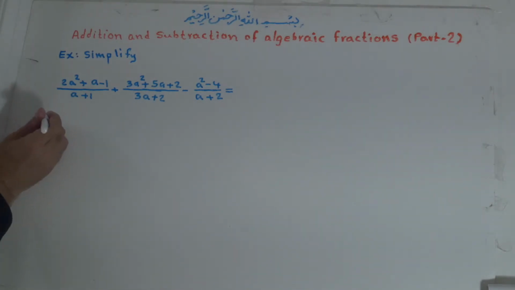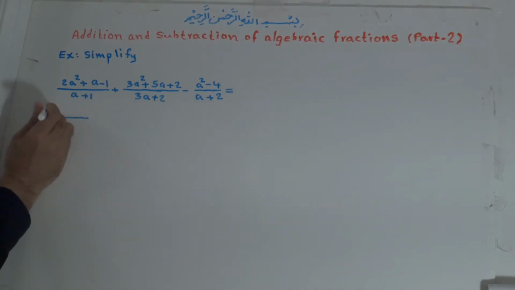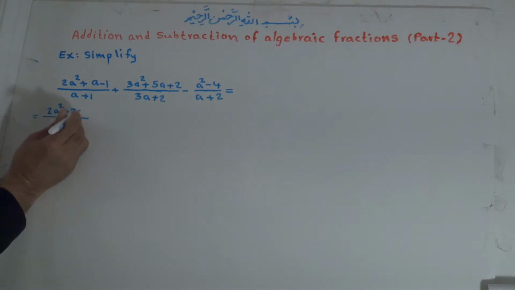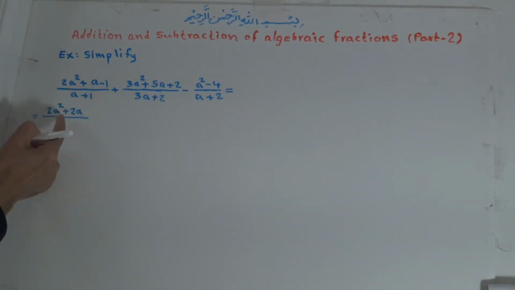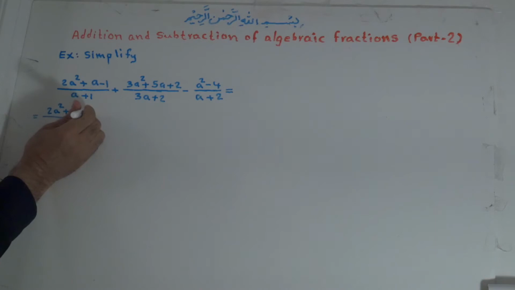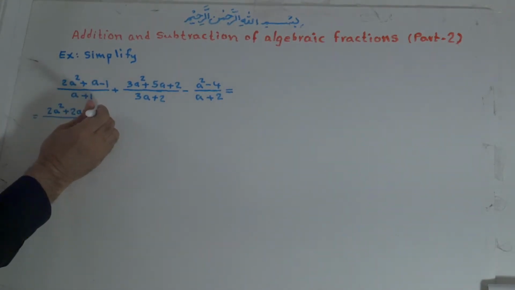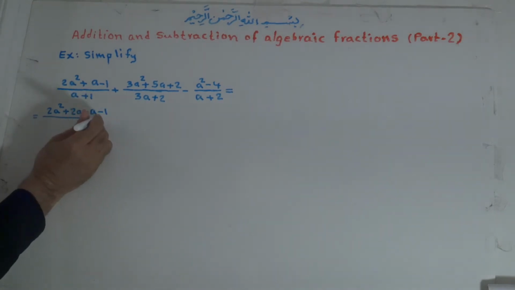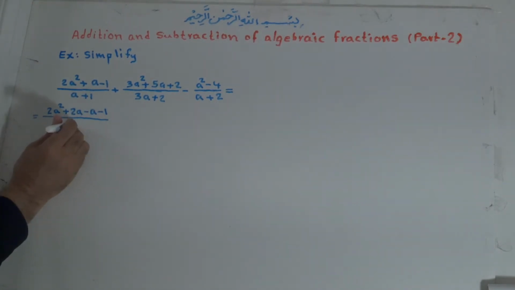Now for this one, we know that there is 2a², and something similar to this is 2a. Because here is 1a but here is 2a, so we subtract a. It means 2a minus a is again a, so (2a − 1)(a + 1)/(a + 1).